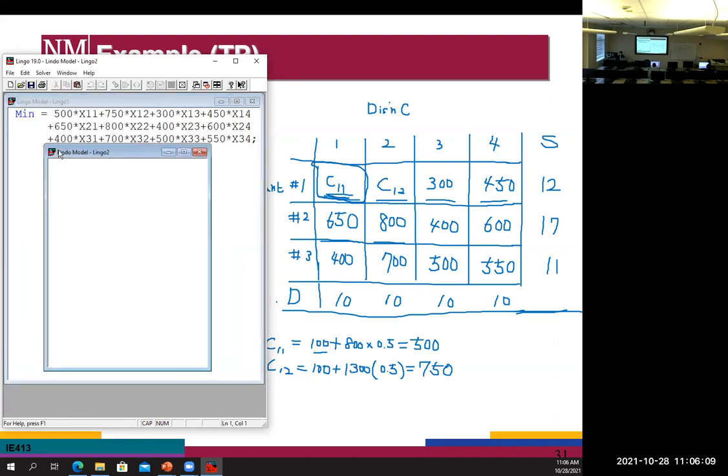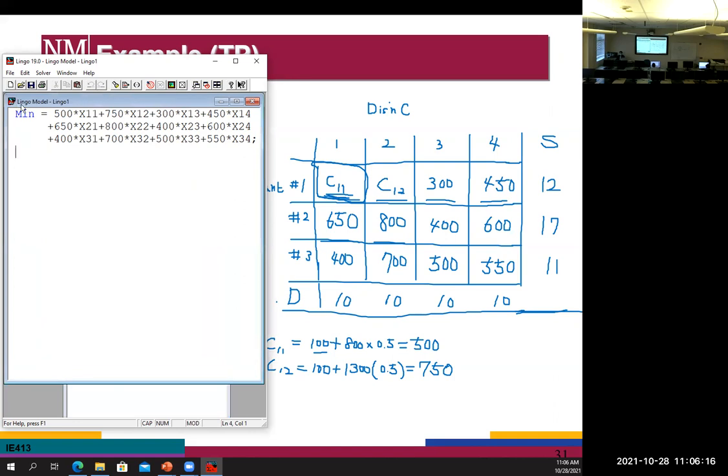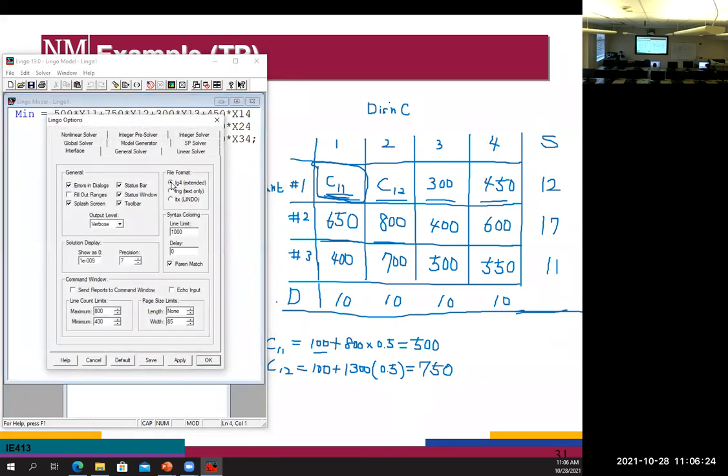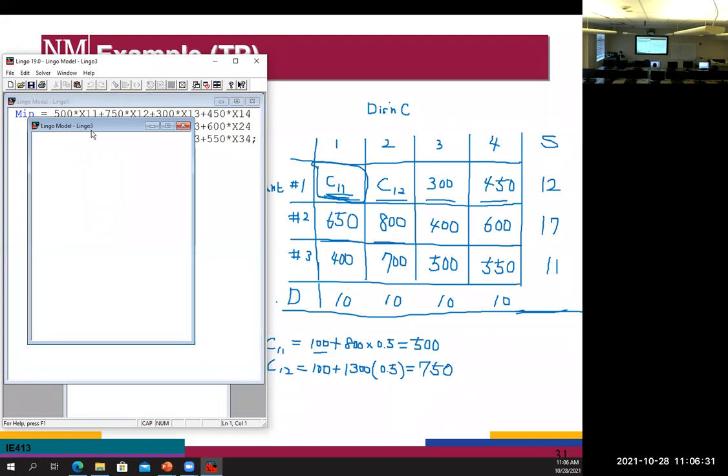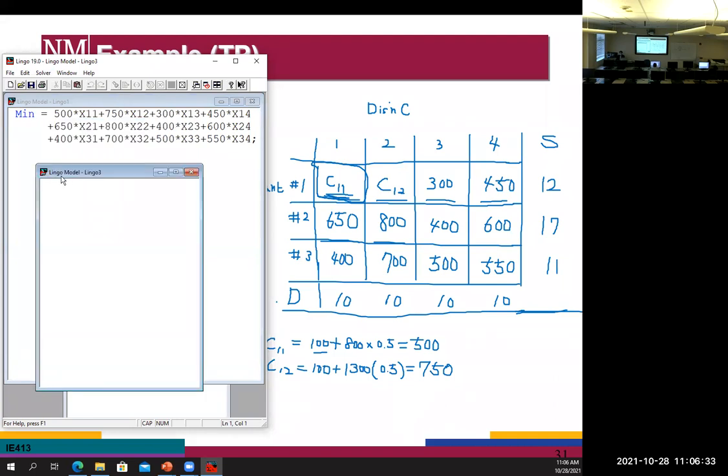Make sure you can see the window. Then you have the window.